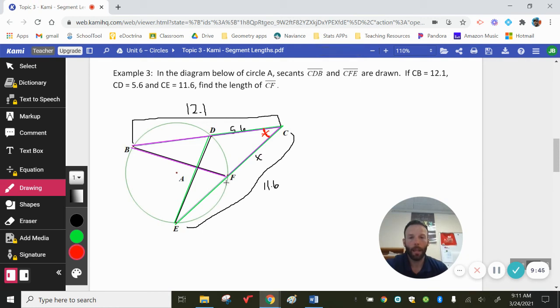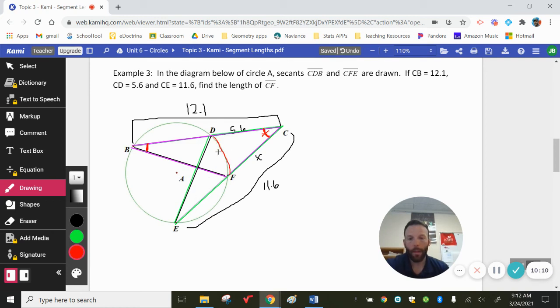On the other hand, the other angle in this purple triangle is the one at angle B. And that angle is an inscribed angle because point B is on the circle and it's formed by the chords DB and FB. So this angle right here has to be exactly half of the arc DF.